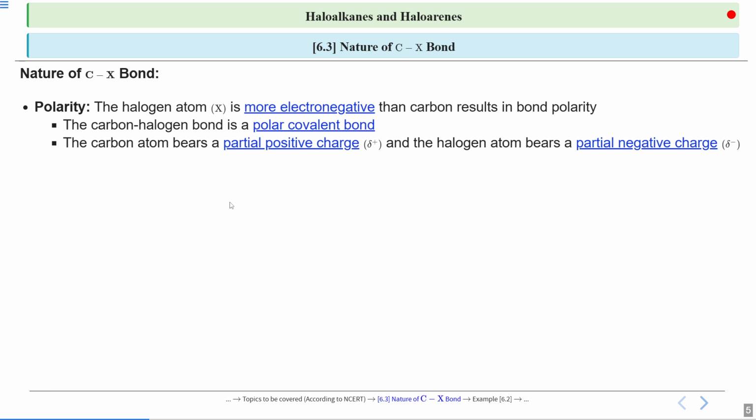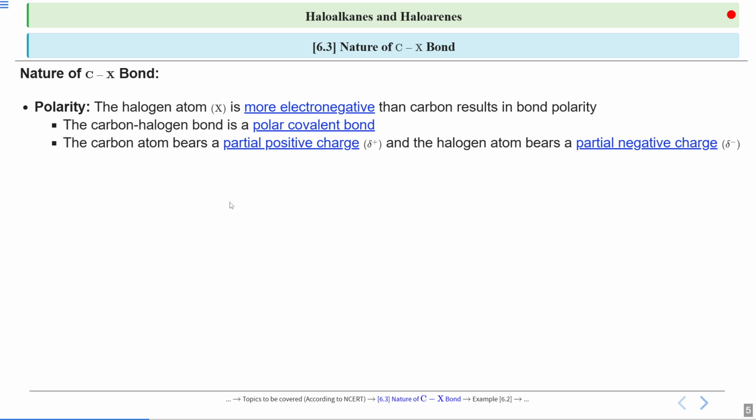Polarity is the separation of electrical charges in a molecule, creating a positive and a negative end, which we call delta positive and delta negative. Electronegativity is the ability of an atom to attract the electrons towards itself.